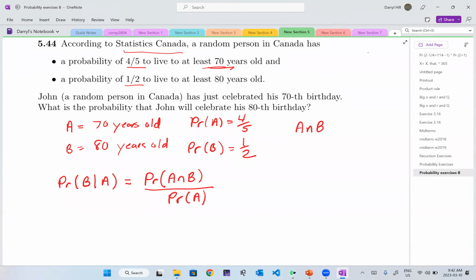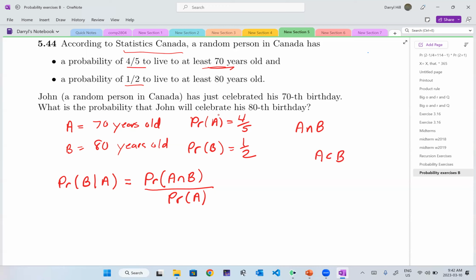What is it before this or times? Not quite. If somebody makes it to be 80 years old, what do we know about them? Yeah, anybody who made 80 has also made 70, right? So what does that mean? That means that A is a subset of B. Actually, probably something like this.